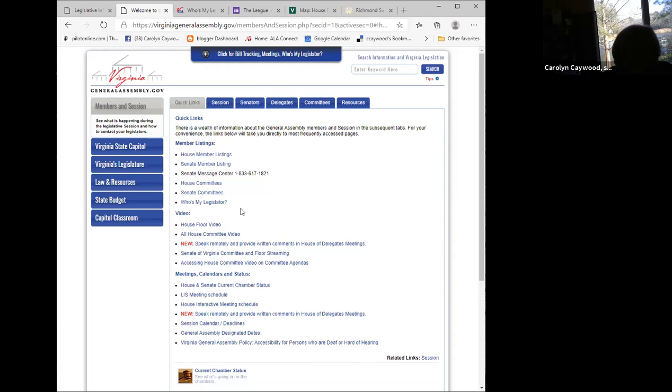Does anybody need to know about who's my legislator? You all have tracked down your legislators? We're okay. And there's a basic formula for the email. For the senator, it's going to be the district number, like mine's District 7. And for the House, it's going to be DEL, first initial, last name.